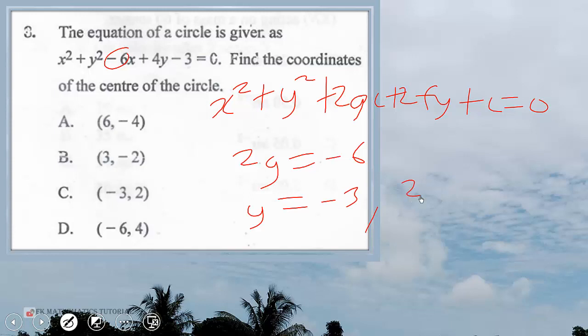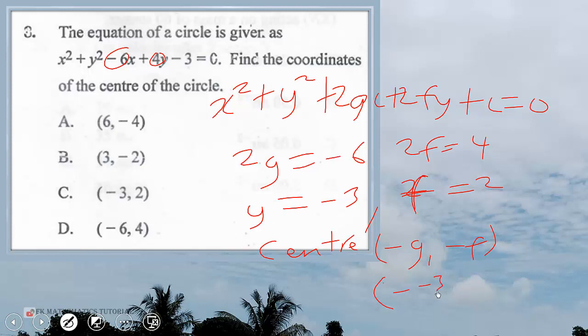Then 2f will be equal to 4, so f will be equal to 4 over 2, which is 2. Now the center is given by negative g, negative f. So negative g is 3. Then negative f is negative 2. So the center will be 3, negative 2, which is option B.